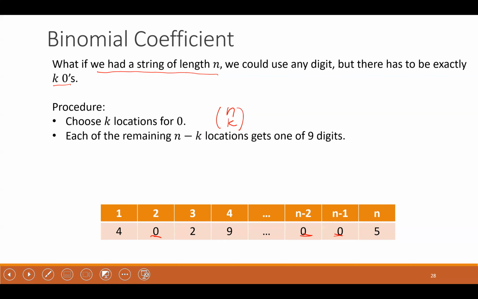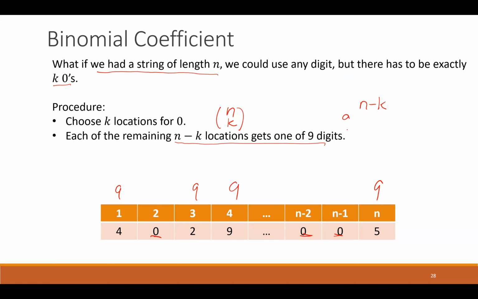And then each of the n minus k locations gets one of 9 digits. These are all the digits from 0 to 9. I have k zeros, and the rest have to be 1 through 9. So how many ways are there to do this? This is a string of length n minus k, and I have 9 choices for each character. So I have 9 choices for this, 9 choices for this, 9 choices for this, 9 choices for this.